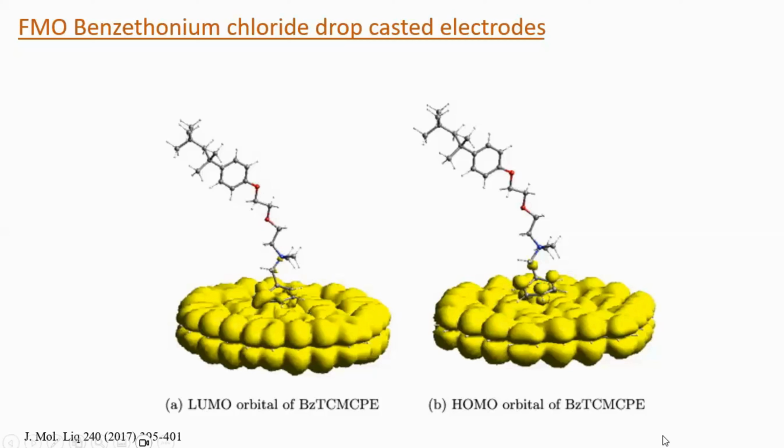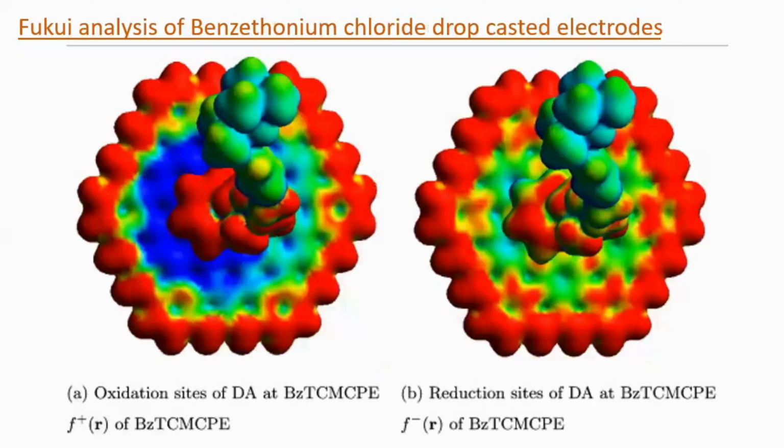I'm talking in terms of the dopamine electron transfer. So these are the frontier molecular orbitals, LUMO and HOMO. Now we can see the Fukui function again, here F minus and F plus portions of the benzethonium chloride modified carbon based electrode.